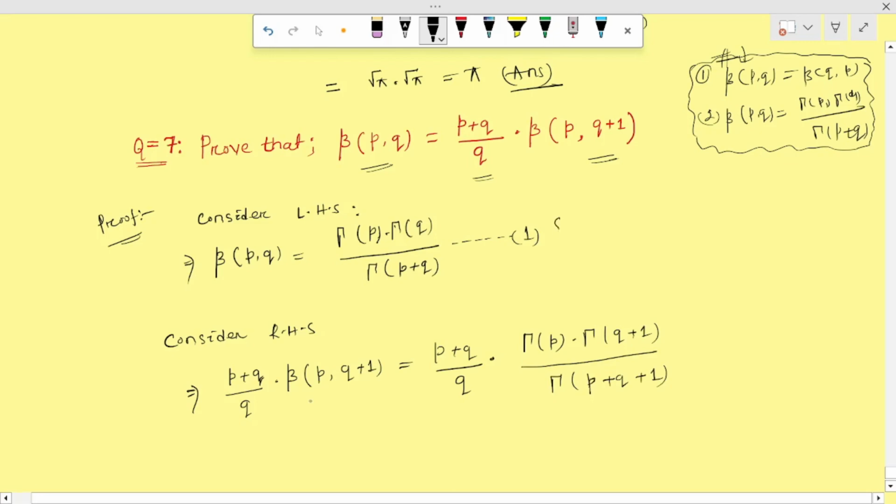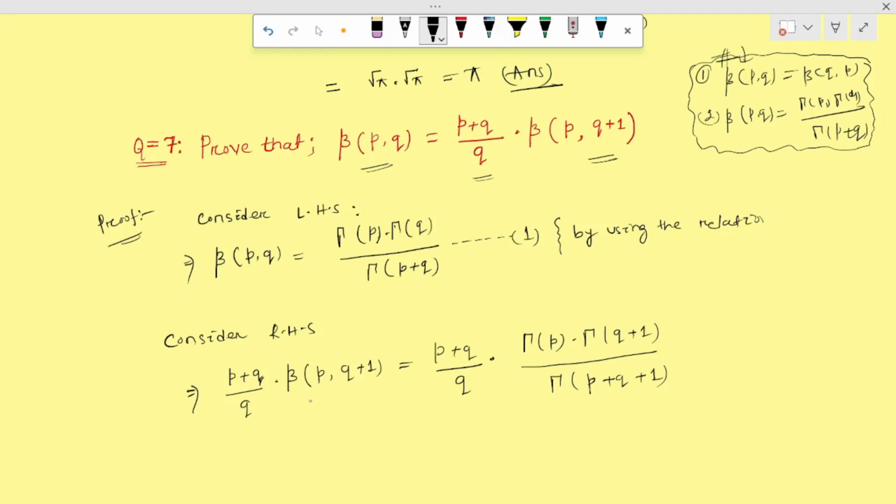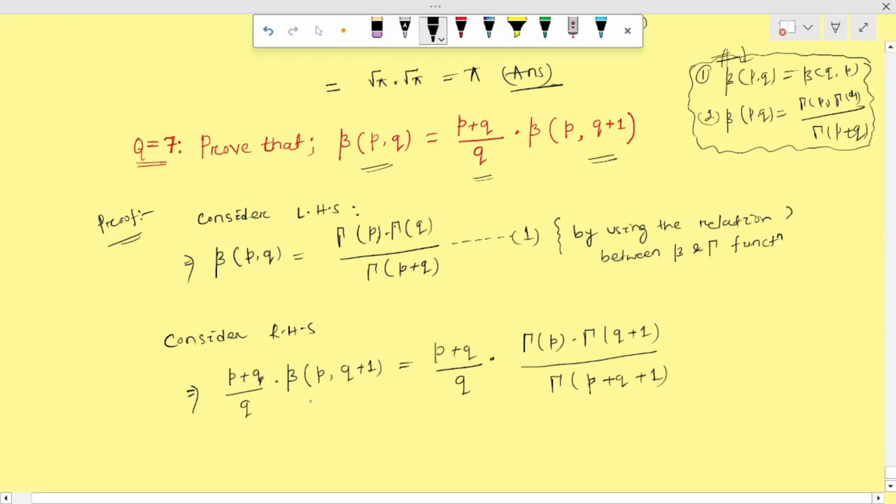Here you just write these things; we wrote this much by using the relation between beta and gamma function, which is the second property we discussed in our last class.